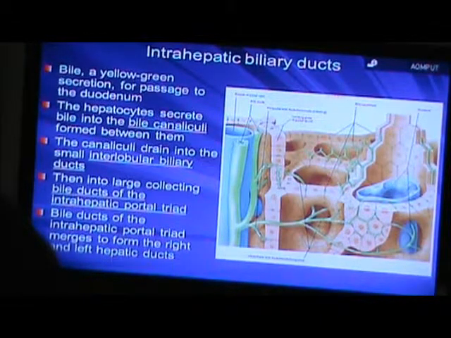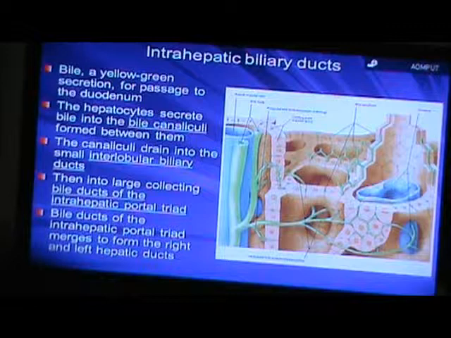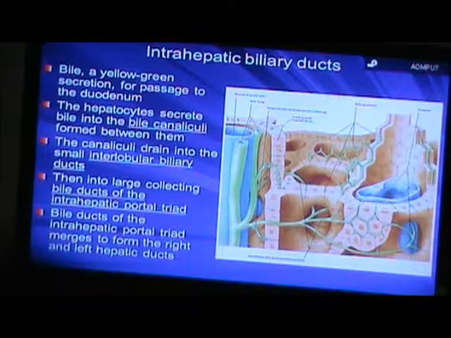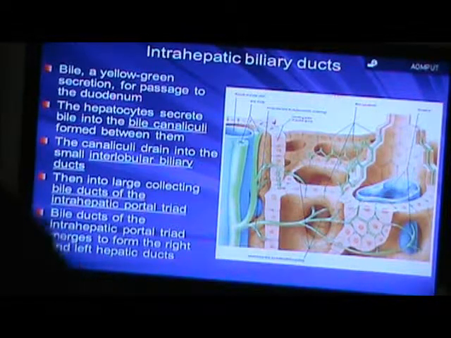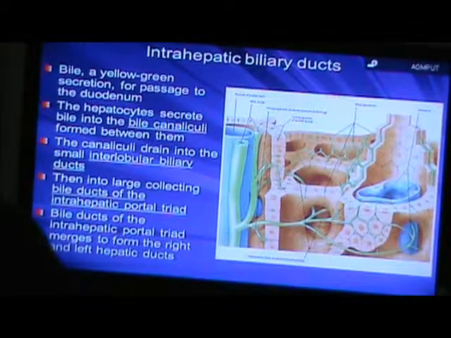Hepatocytes secrete bile into the bile canaliculi, which are formed between the liver cells, or hepatocytes. The canaliculi drain into the small interlobular biliary ducts, and then into the bile ducts of the intrahepatic portal triad.